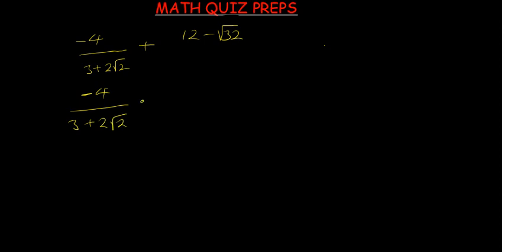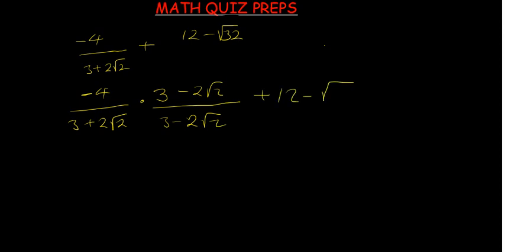Of course, when we are talking of conjugating it is most used on complex numbers, but for some of you who did additional mathematics, on surds we also used conjugating. Alright. So this will be 3. We are going to change the sign there. So that will be minus 2 root 2. Even the down we get the same, 3 minus 2 root 2. And then that is plus 12 minus root 32. So if we start multiplying, negative 4 by 3, that will be negative 12.